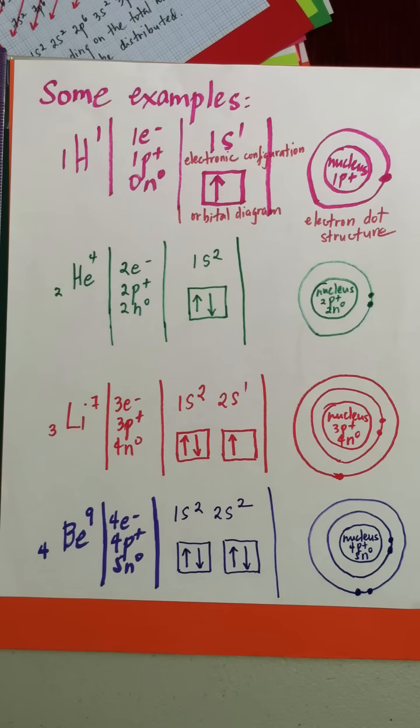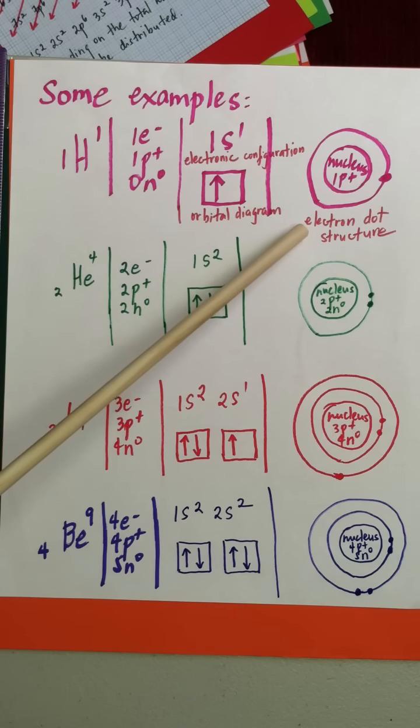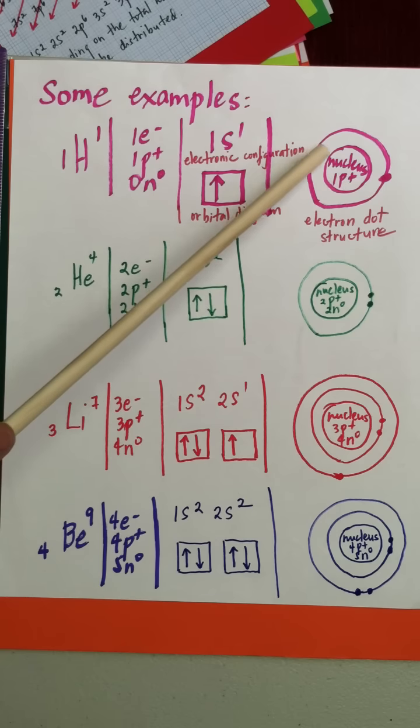Now let us look at some examples. If we were to look at hydrogen, 1H1, that means hydrogen has 1 electron. So its electronic configuration will be 1s1. And if we were to do an orbital diagram, it would be this upward arrow for the electron. Now class, remember that each orbital can only hold a maximum of 2 electrons. And if we were to do the electron dot structure for hydrogen, it will be something like this, where you have the nucleus.